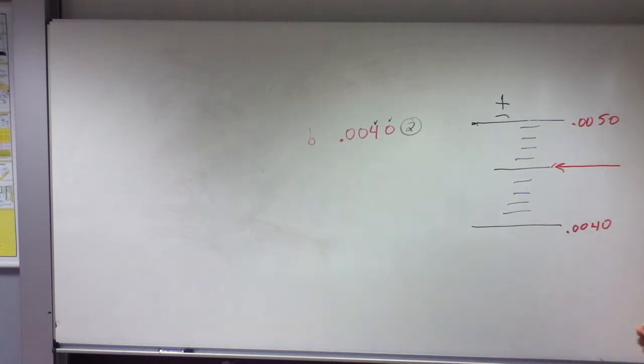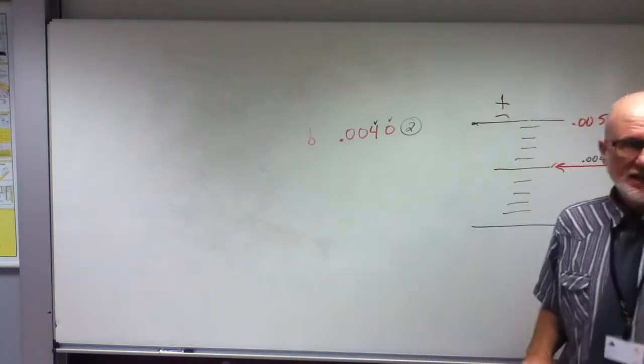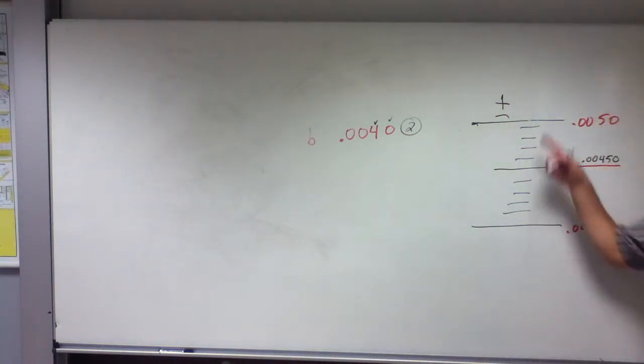No. What? 0.00450. You have to put the 0 at the end. Why did you put the 0 on the end? It tells you it's exactly on that line. Excellent.